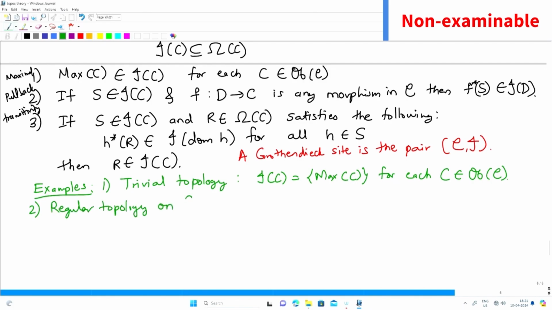Regular topology on OX. So what does it do? It's the open cover topology.